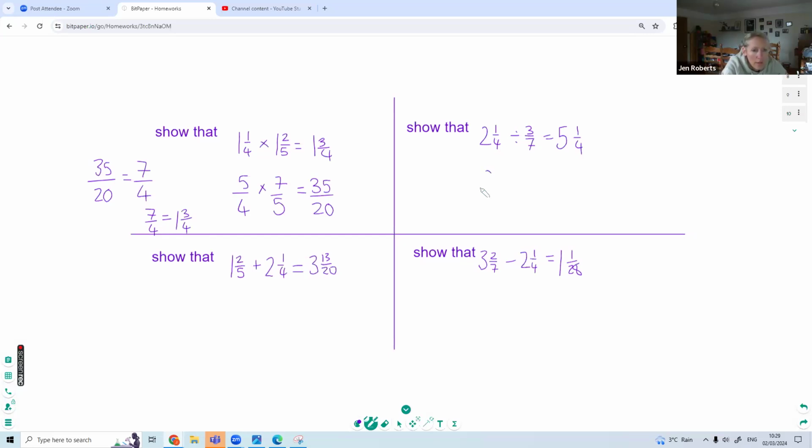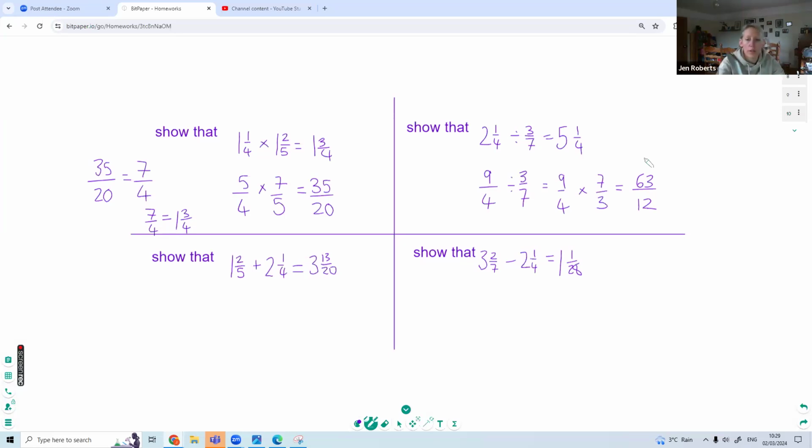So that's 9 over 4. 2 times 4 is 8, add 1 is 9. So there's your first step. Keep, flip, change. 63 over 12. You can check if this simplifies first on your calculator by using your fraction button.